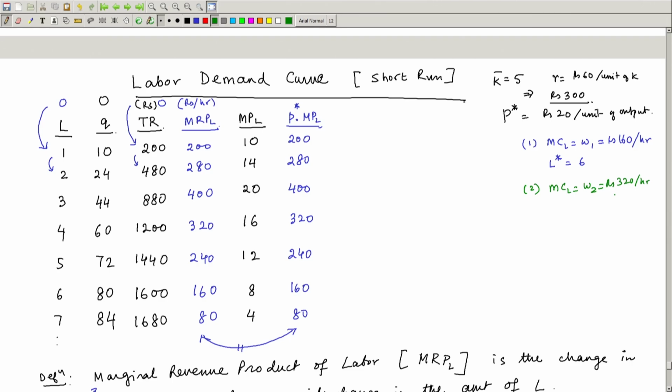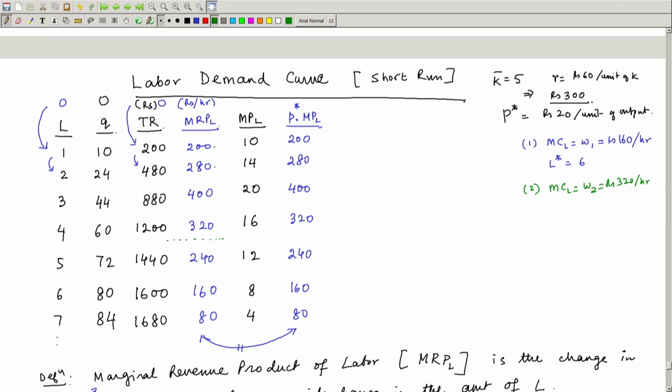That in itself does not mean that I should not hire the first labor hour, because even though I am going to be losing money on the first 2 labor units, from the third labor unit onwards I am going to be making money. On the third labor unit I am actually going to be making a lot more. On the fourth, the extra revenue that the fourth labor unit brings is exactly equal to the marginal cost of that unit. So, my net gain is 0, and then I actually lose money. So, I will essentially stop at L equal to 4.